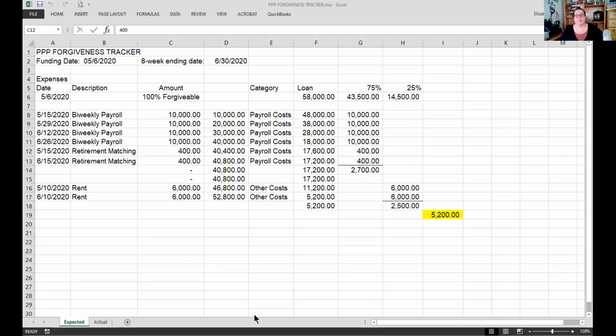Okay, so Michelle says, she's a person who doesn't get paid as an employee out of her company. She's in a partnership or an LLC, a sole proprietorship. How do you account for the payroll costs for you?